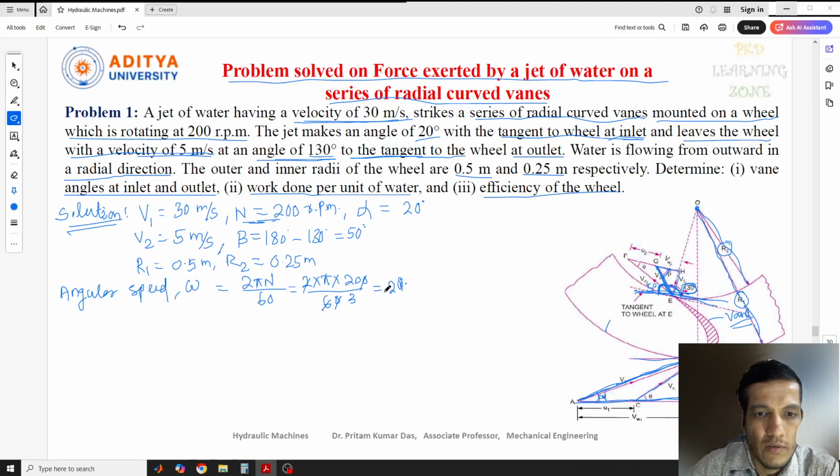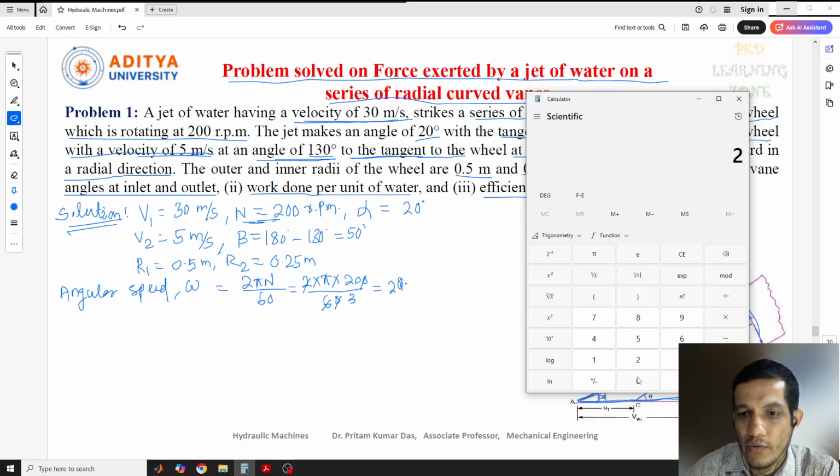Otherwise let's calculate this. 20 into 3.14 divided by 3.